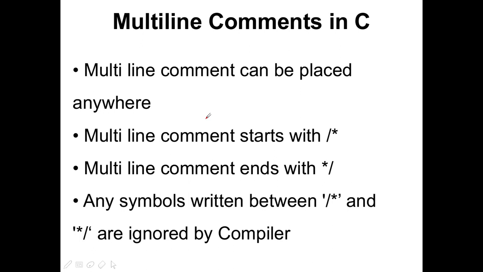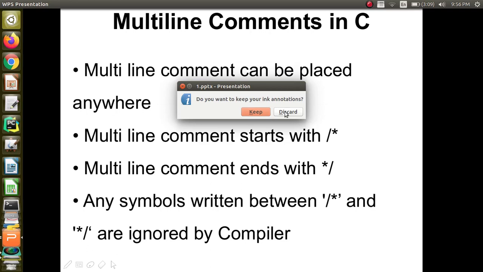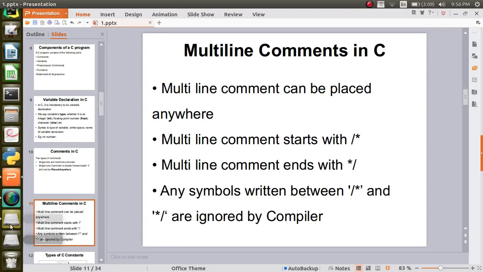And multi-line comment means multiple lines can be commented. It will start with slash star and finish with star slash, and these lines will be ignored by the compiler, okay.